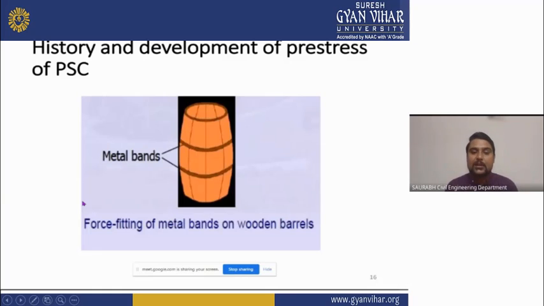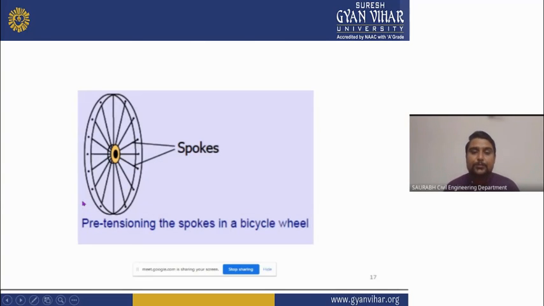So the metal band will work as a tensioning member. Now spokes, as you can see in a bicycle wheel, there are spokes. In a bicycle, they work as pre-tensioning.